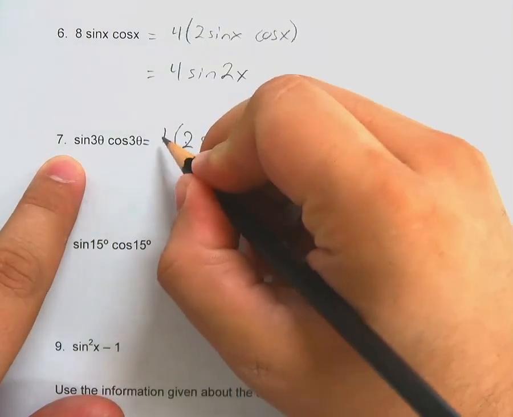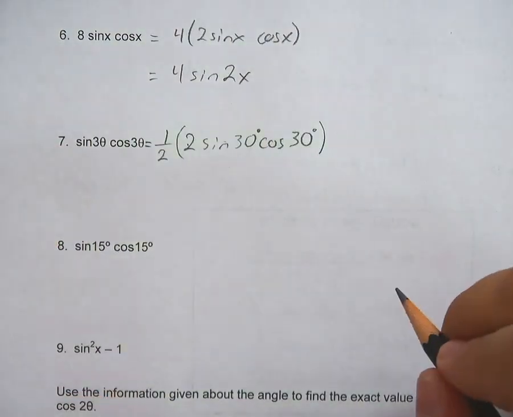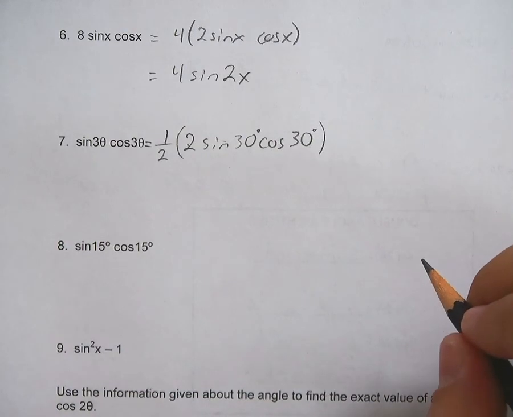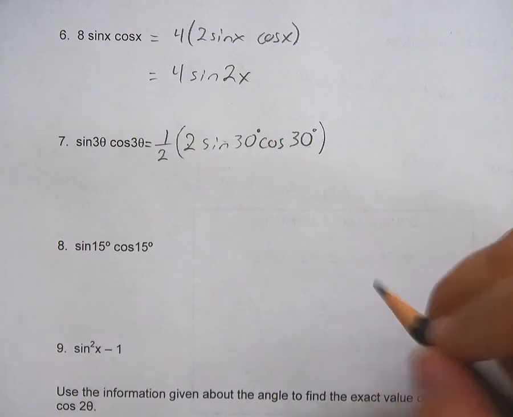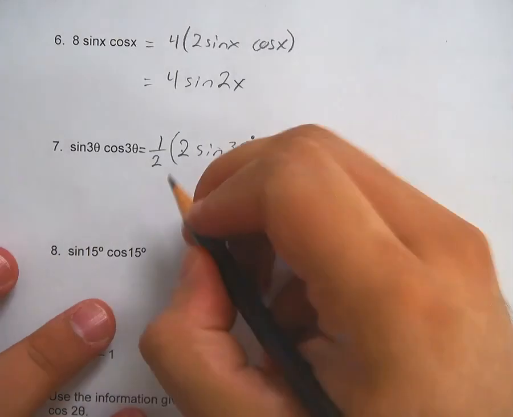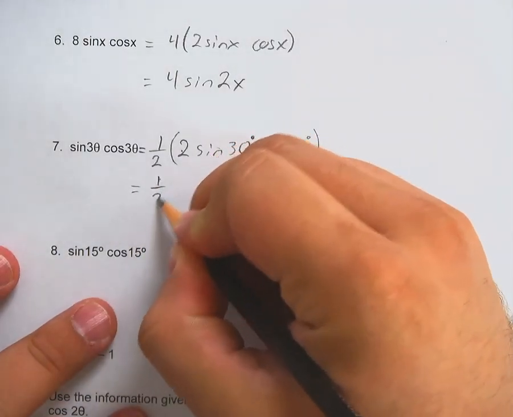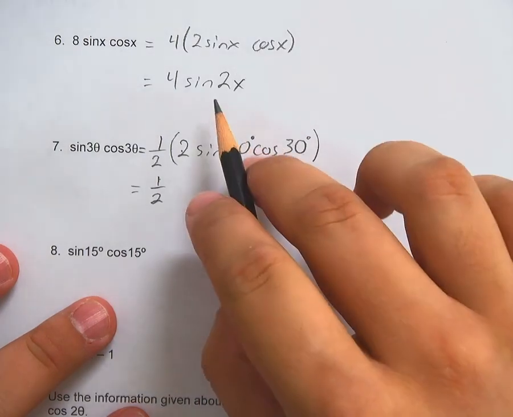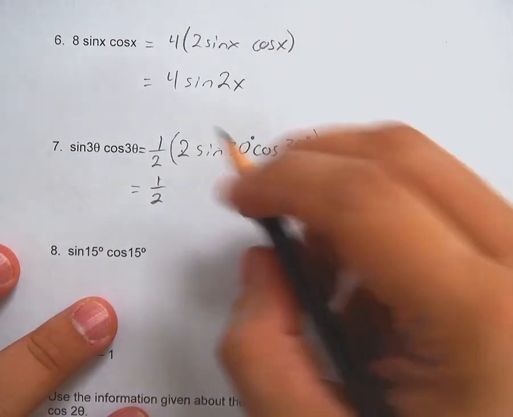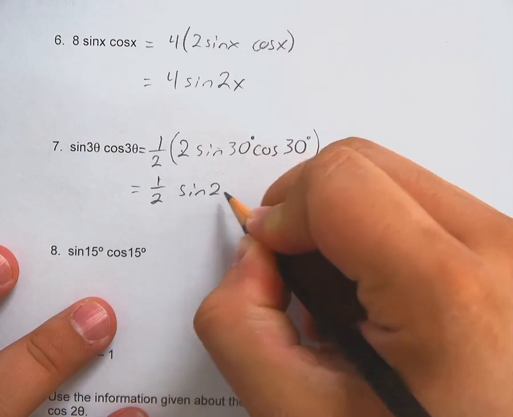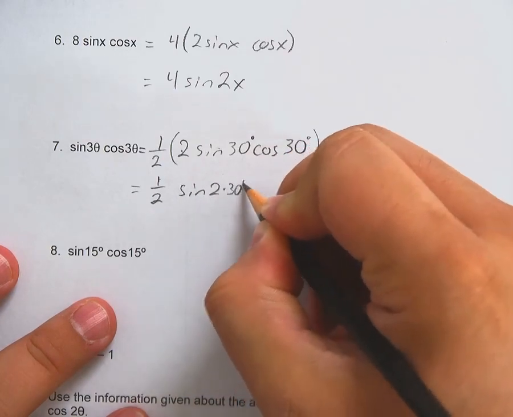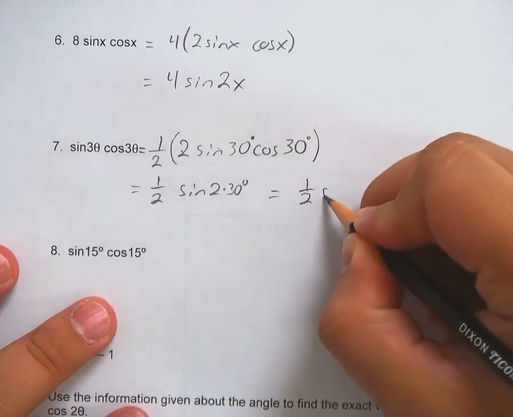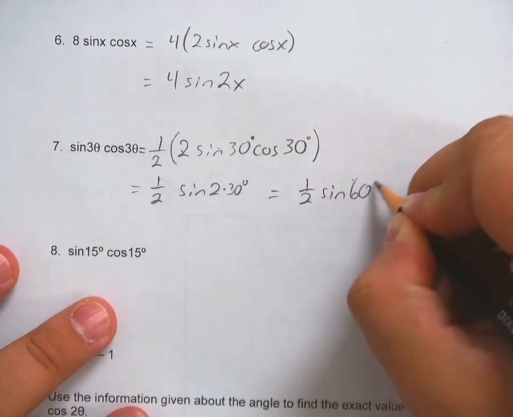Well, that'd be 1/2. 2 times 1/2 gives you 1. So you're left with 1/2. Now 2 sine cosine goes to sine of 2 times the angle.